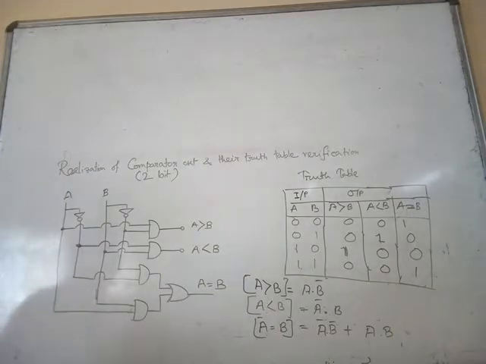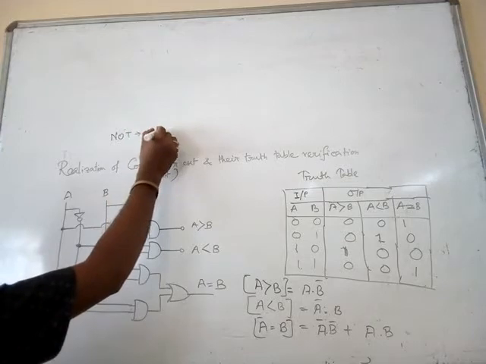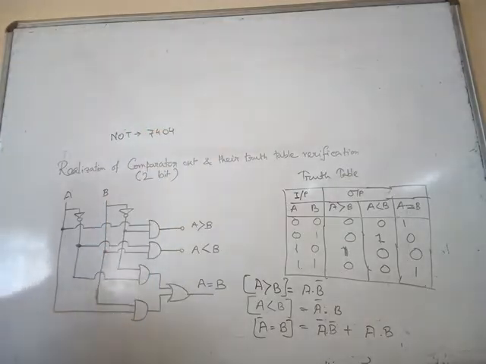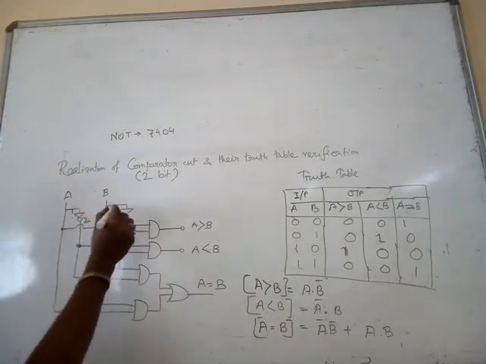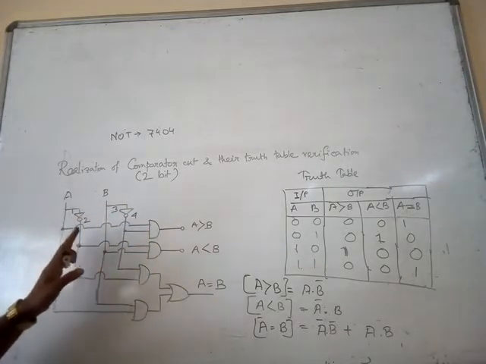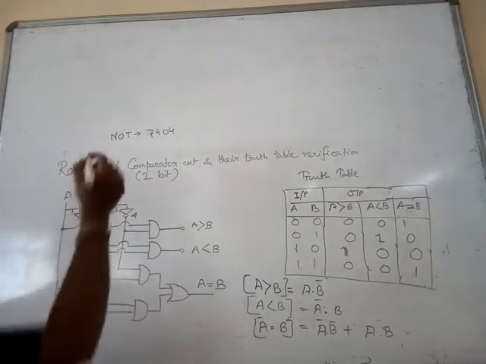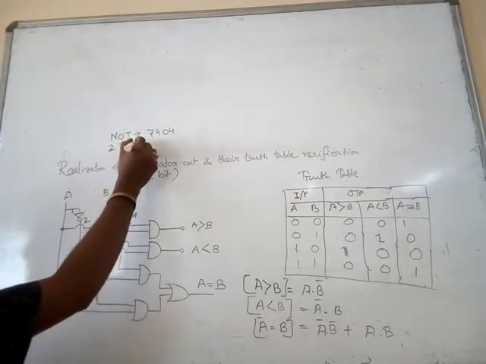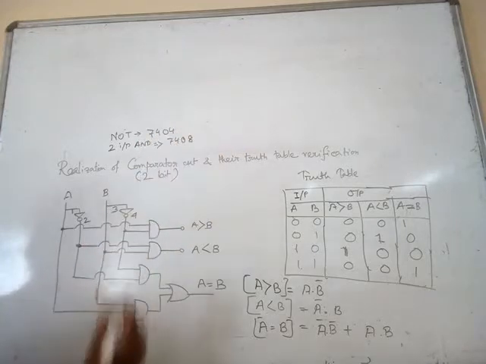Now we have to give the pin numbers. For the NOT IC, the IC number is 7404, and there are 6 gates: 1 input, 2 output, 3 input, 4 output. So we take the first 2 gates. Next, the AND gate, 2 input, IC number 7408.